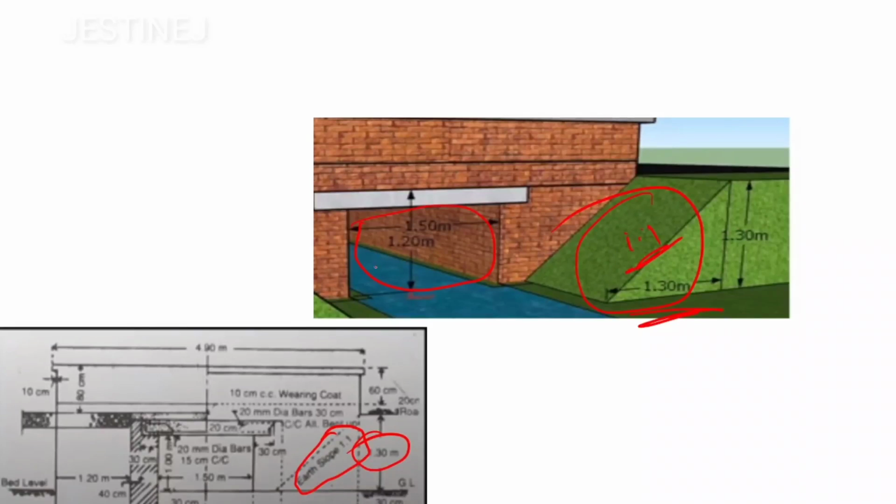Also you can visualize that this length is going to be 1.5 meter, and this value is going to be 1.2 meter, and if you take the ground portion also, that is 10 centimeter, you have to add up, then you will get 1.3 meter.